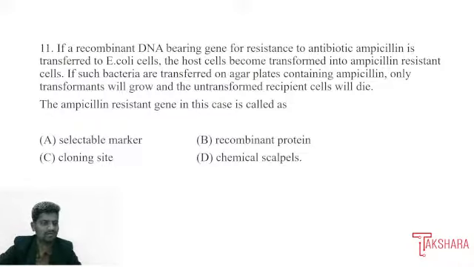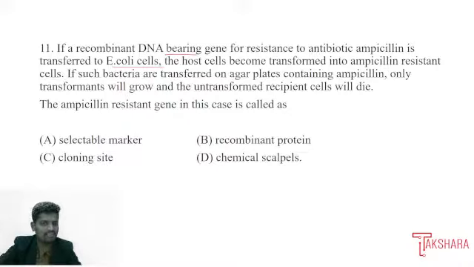Next, question number 11. If a recombinant DNA bearing the gene for resistance to the antibiotic ampicillin is transformed into the E. coli cell, the host becomes an ampicillin resistant cell.